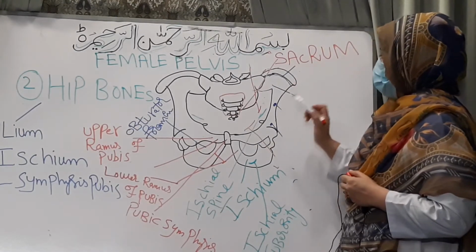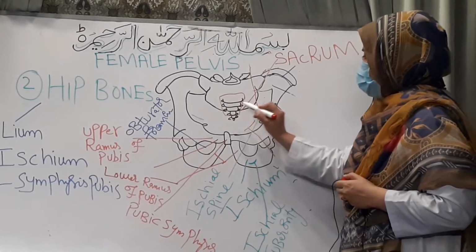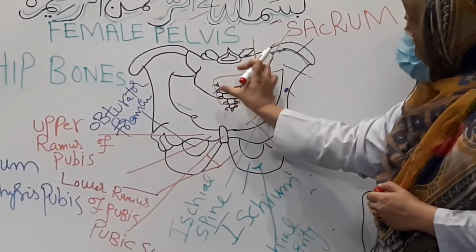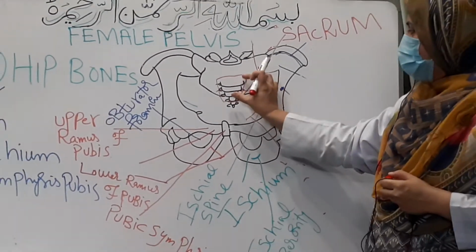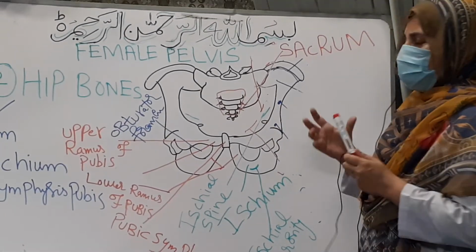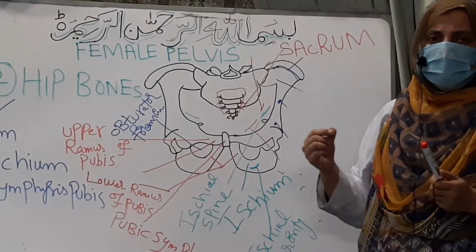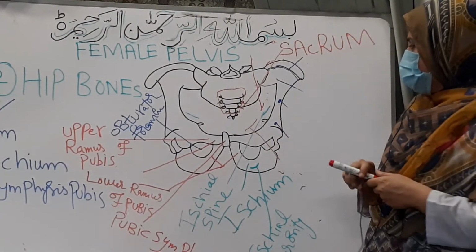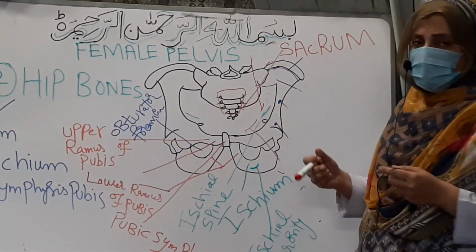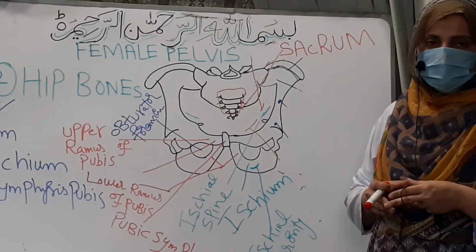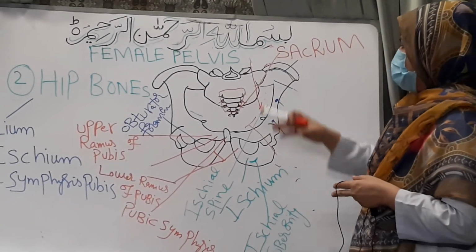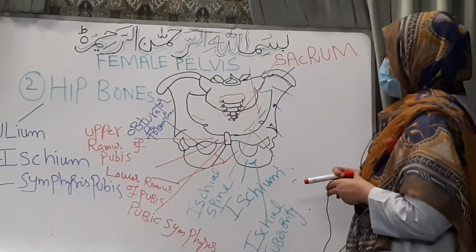Look on both sides of the sacrum, there are hole-like structures. The sacrum bone consists of sacral vertebrae. These vertebrae have hole-like structures on both sides. Through these holes, sacral nerves pass.